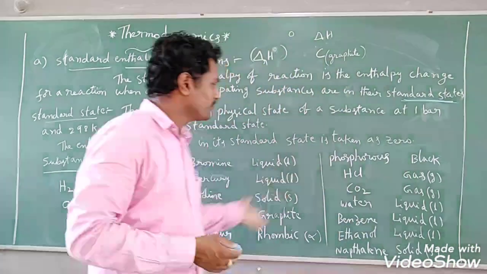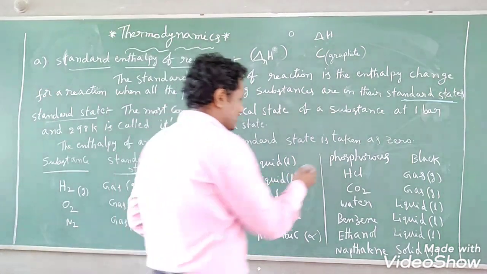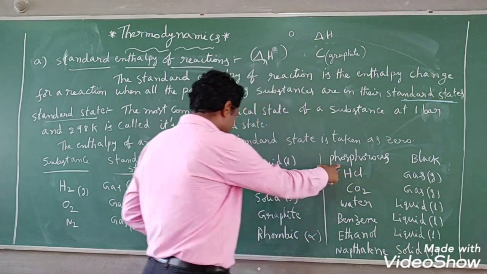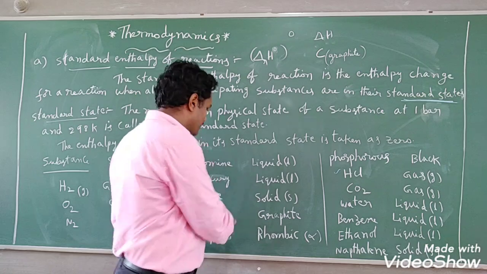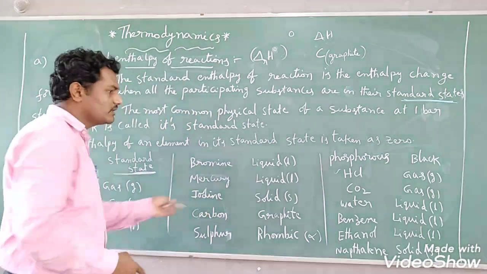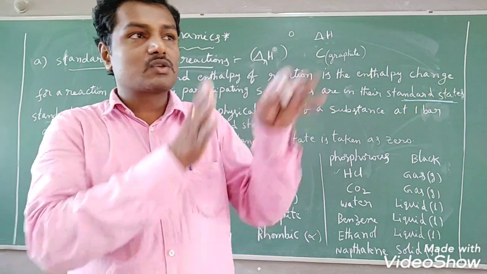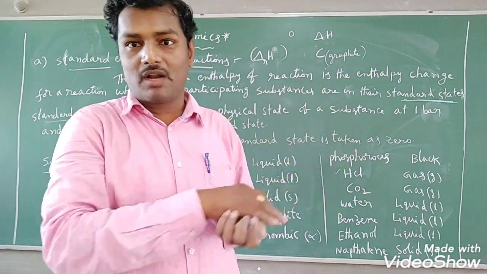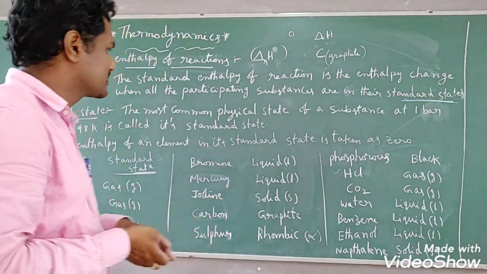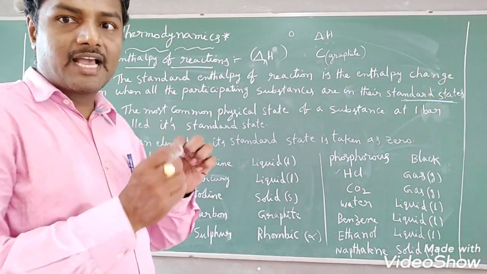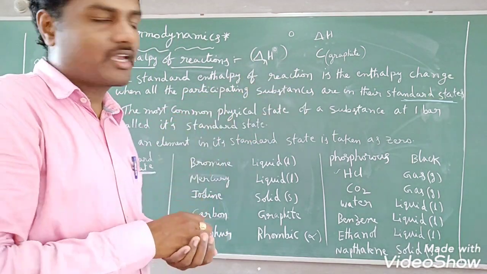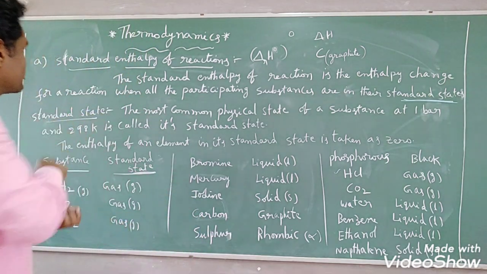Everybody knows the rest. Only in these cases you may get doubt: phosphorus, sulfur, carbon. Remaining everything you know already. Just keep this in mind while solving numericals. It may be useful, identifying whether they have given a standard state or not. Okay? I hope everybody understood, students.